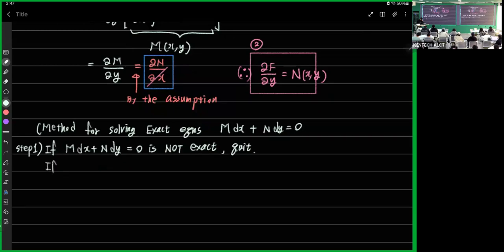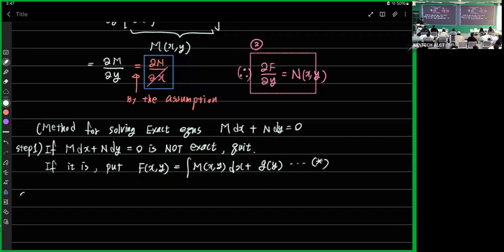If it is, then we apply, I mean, put the formula f(x,y) is equal to the integral of M(x,y) dx plus g of y. Let me call this equation star. That's step two.